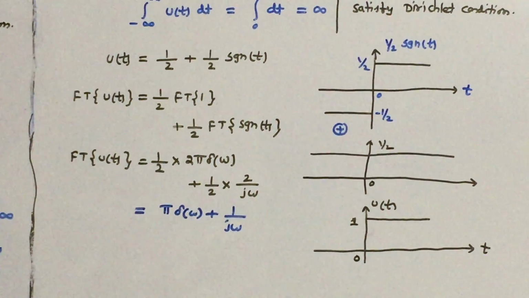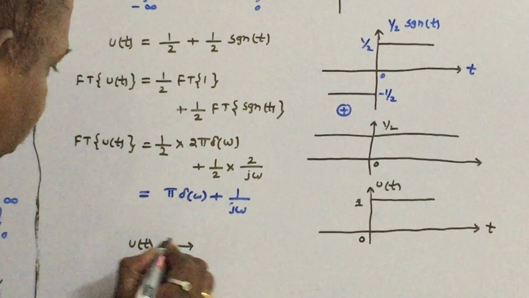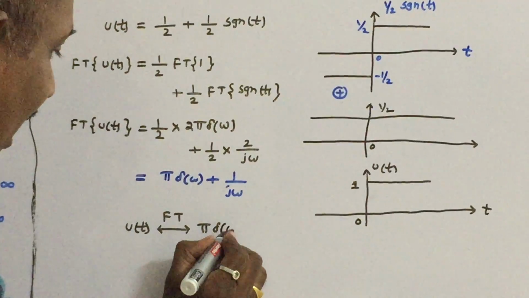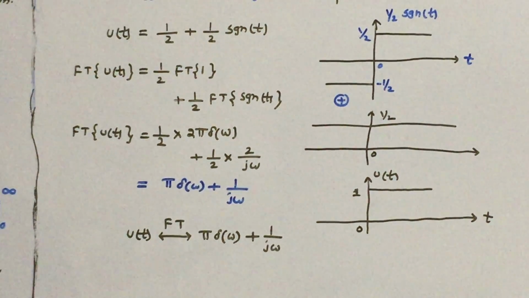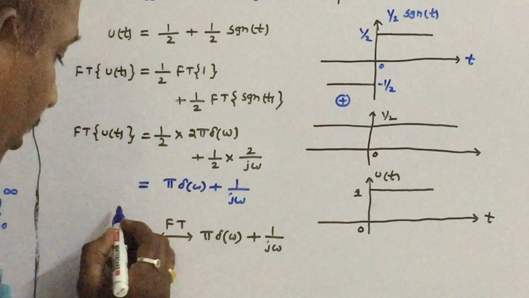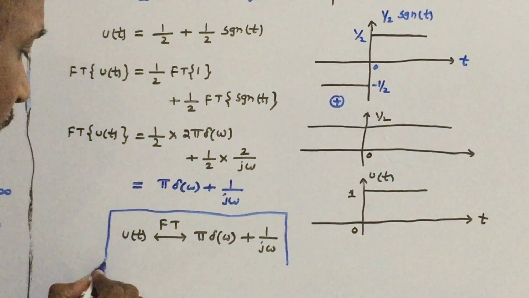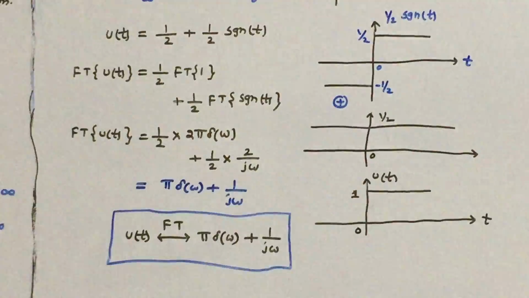This is a very important objective question in competitive exams. Therefore u of t's Fourier transform is pi into delta of omega plus 1 by j omega. You have to remember all these Fourier transforms of standard signals.